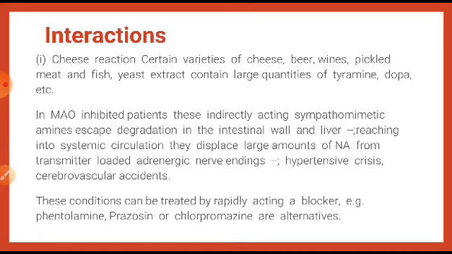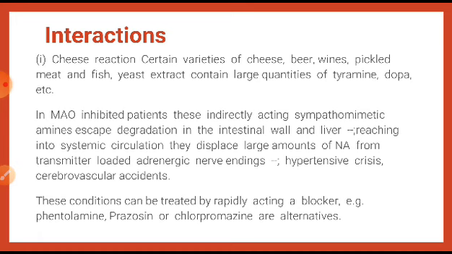In MAO inhibited patients, these indirectly acting sympathomimetic amines escape degradation in the intestinal wall and liver. Reaching the systemic circulation, they displace large amounts of noradrenaline from transmitter-loaded adrenergic nerve endings. Then what will happen?